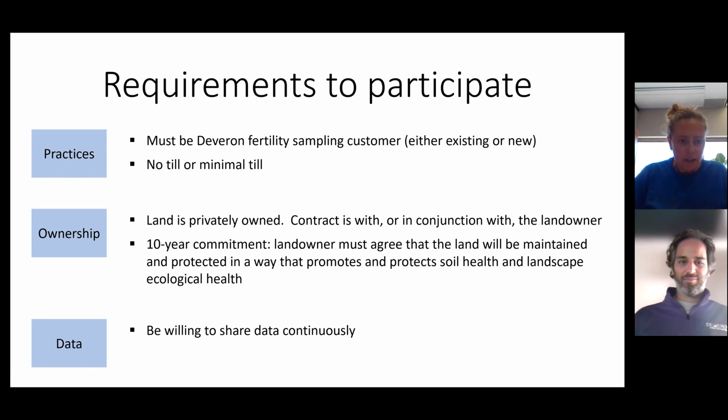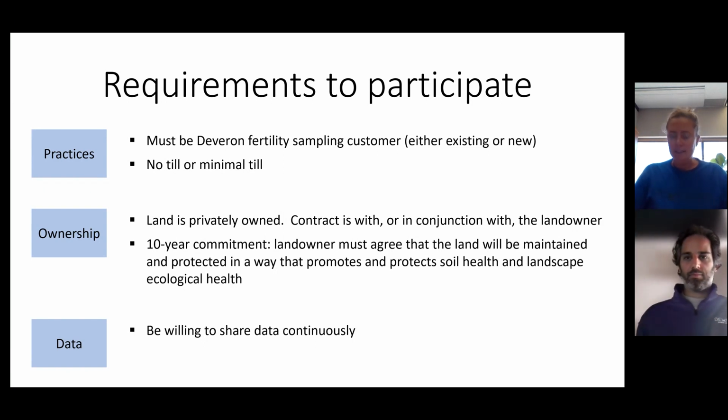The next bullet point is that the land has to be privately owned. So the contract that we have needs to be with, or in conjunction with, the landowner. I think this makes sense, again, considering that we're looking at a 10-year commitment, and this is a long-term investment. And the next one is just talking about that 10-year rolling commitment.